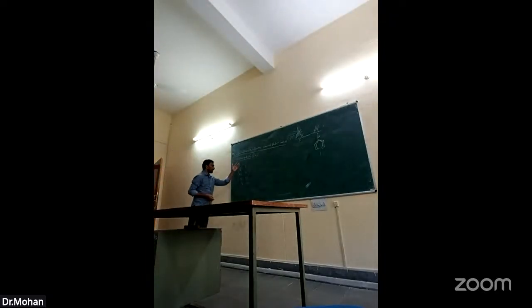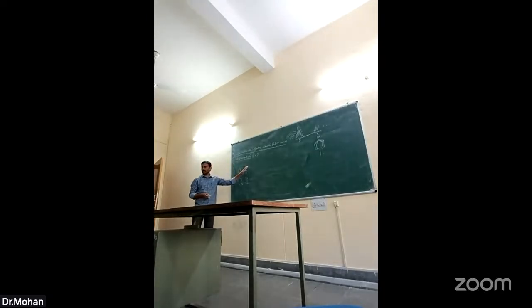Now you can see here CH3F, CH3Cl, CH3Br, CH3I. From top to bottom, does the electronegativity increase or decrease? It decreases.